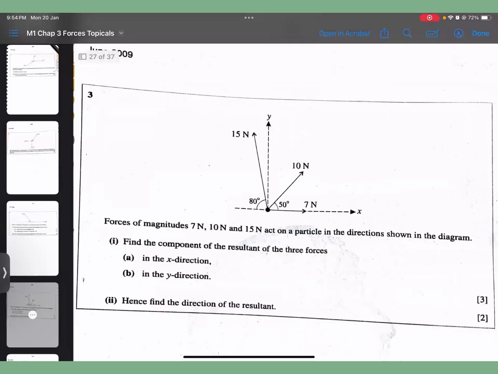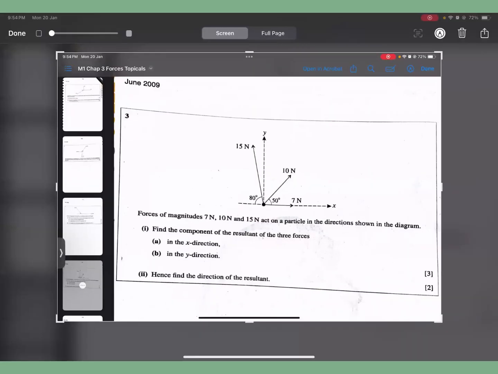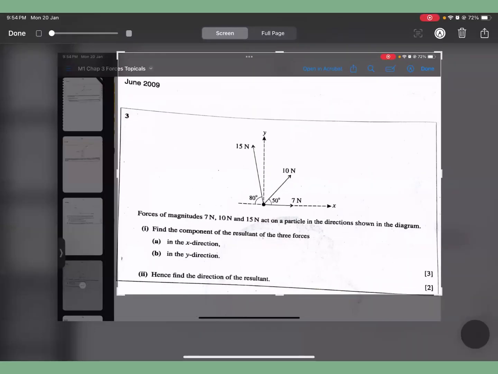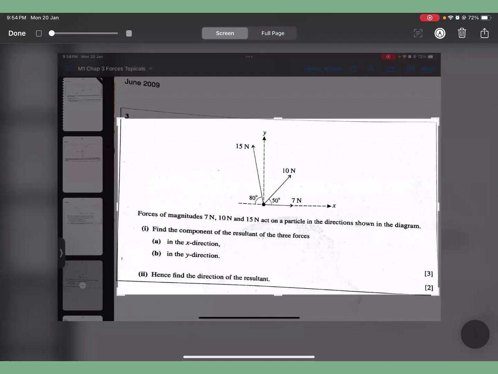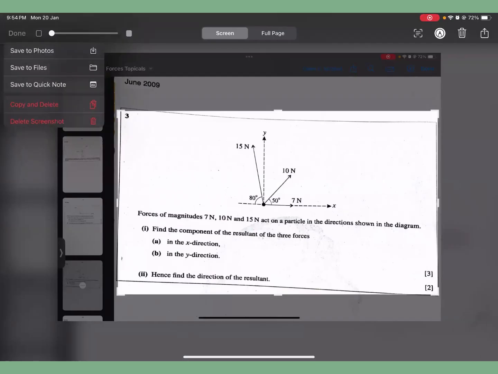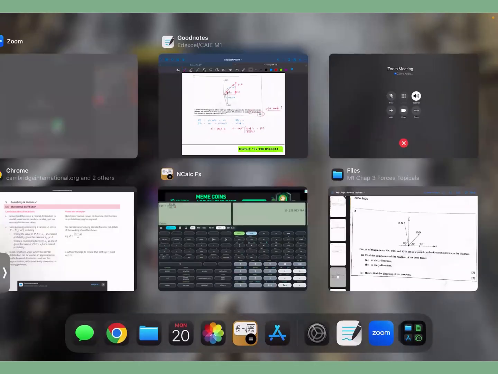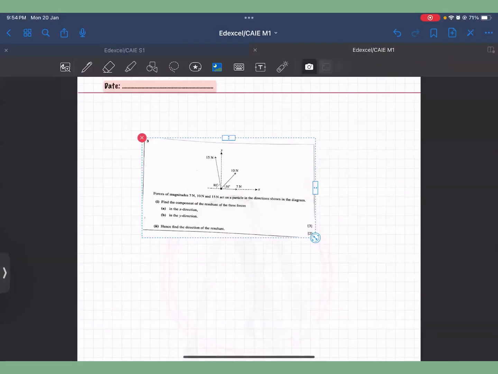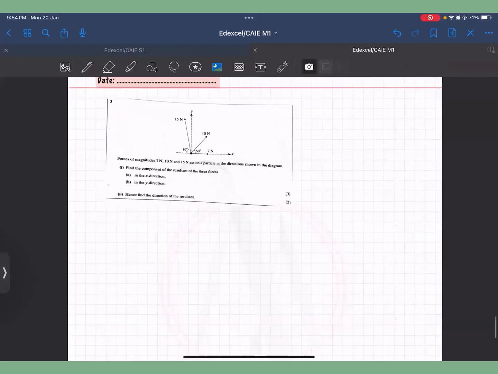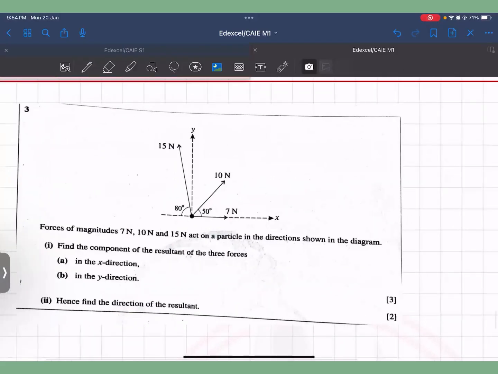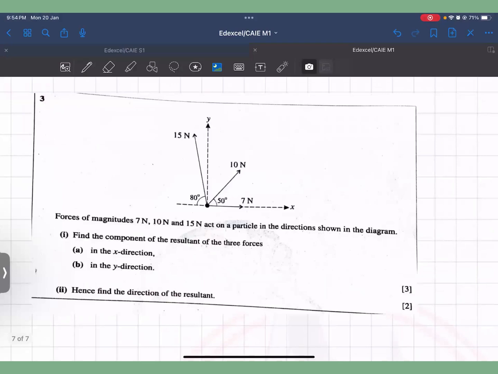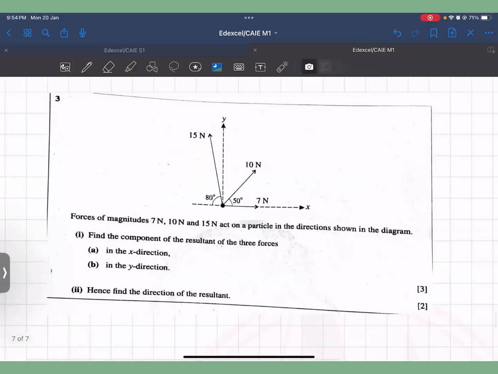Take a screenshot of this one, or let me bring it over there. It's not that hard, but let's see. It's the first one. Okay, complete this question. This is for right now.